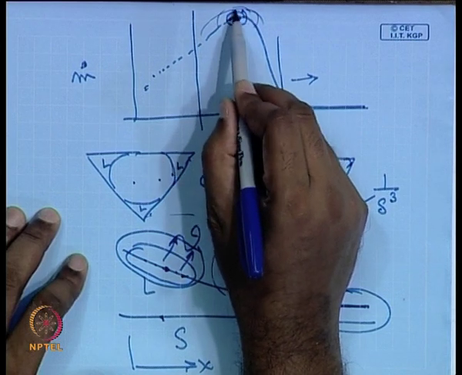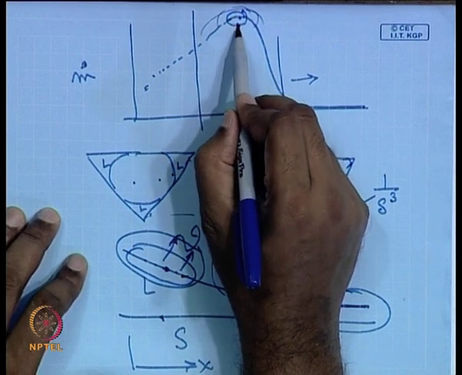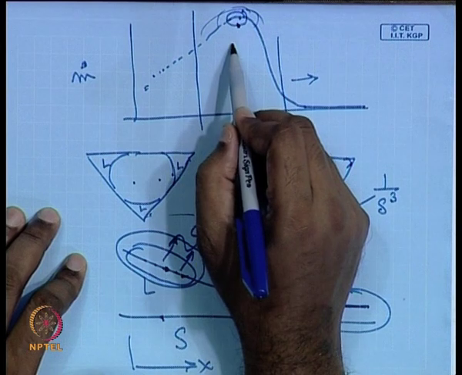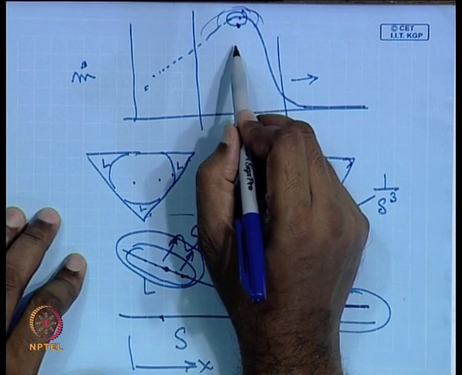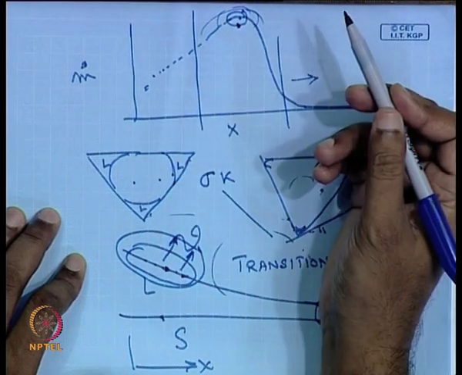So, you have very high rates of evaporation possible in the thinner region of the film, and this is something which is exploited in micro devices, so as to obtain higher rates of evaporation or higher rates of transport.